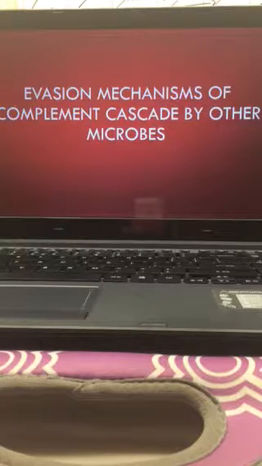So once it reaches the clumping factor, it can inactivate any C3b that tries to bind. And I think this is a really good detailed example of evasion of the complement cascade.